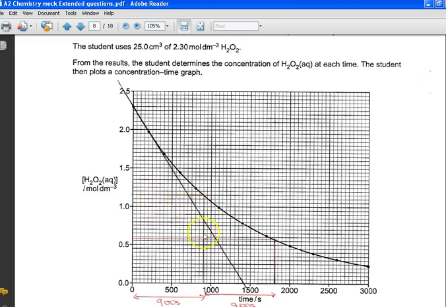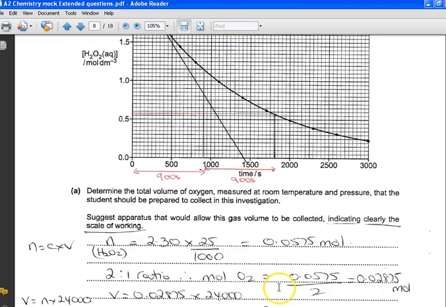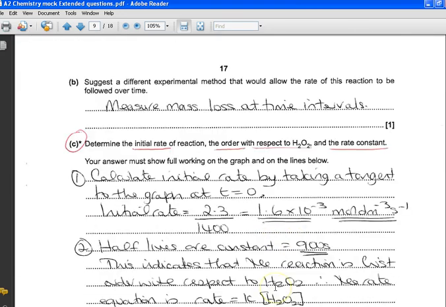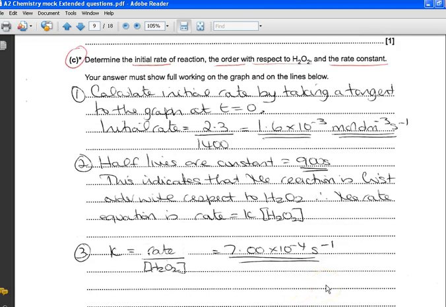Half of it, come down. Work out your half-life is 900 seconds. And then obviously you halve that value, and again that works out to be 900 seconds. So that tells you that this is first order because the half-life is constant. So make it clear that you understand that and scribble down the rate equation.